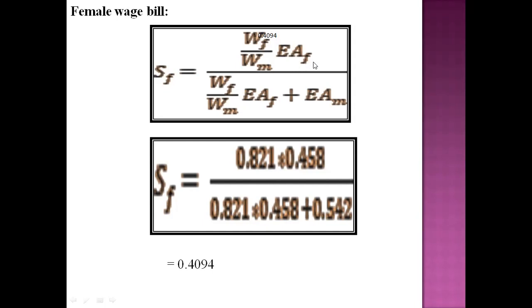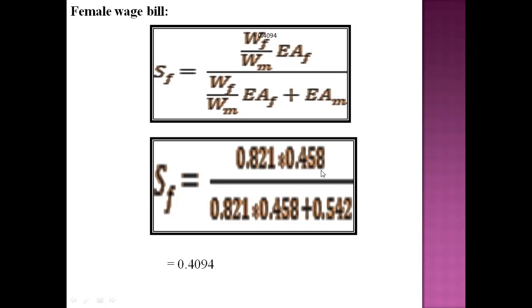The economically active population of female is 0.458. If you translate it into percentage, you get that 45% of the total female population are employed in the public, private, or tertiary sector.